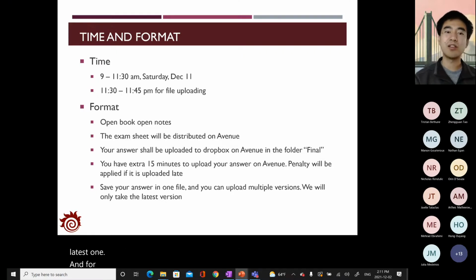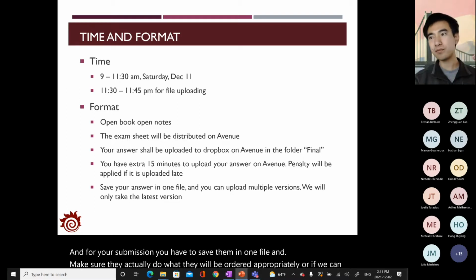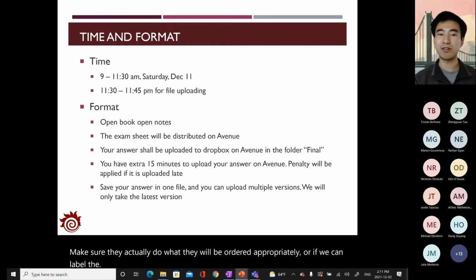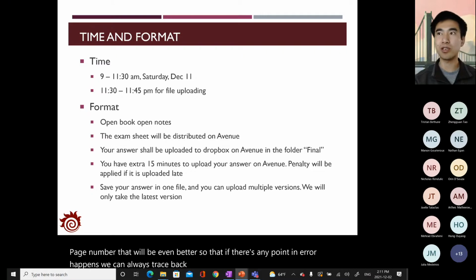For your submission, you have to save them in one file and make sure that they are ordered appropriately. If you can label the page number, that will be even better, so that if any potential error happens, we can always trace back how you worked on all the questions.